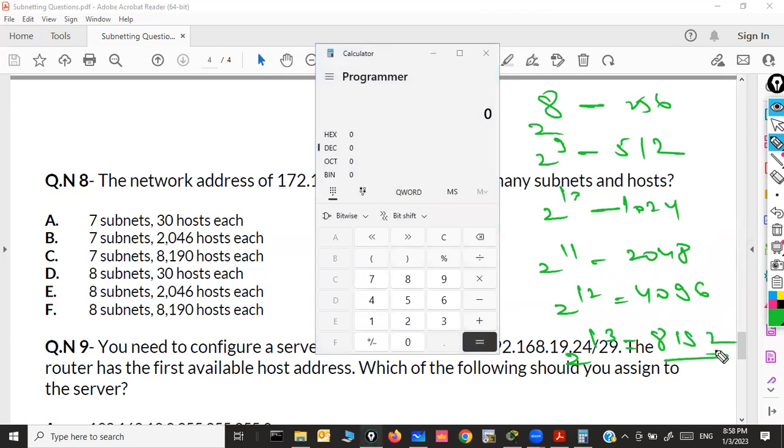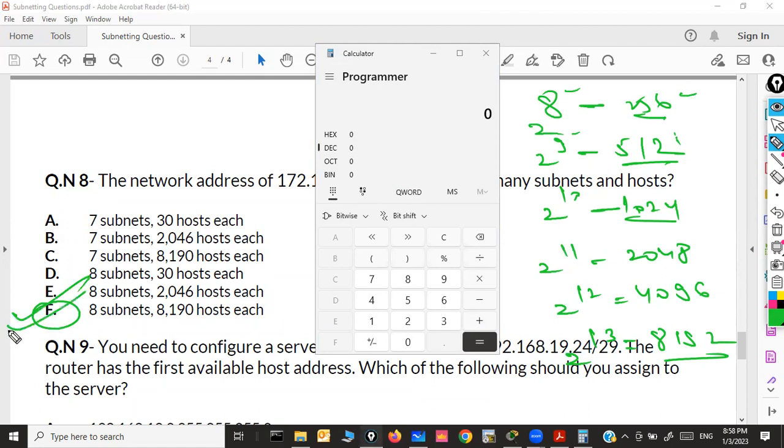So no need to use any computer, just keep on multiplying by 2. 256 into 2, 512 into 2. This way you can keep on doing the computation. So yes, the answer is very much correct.